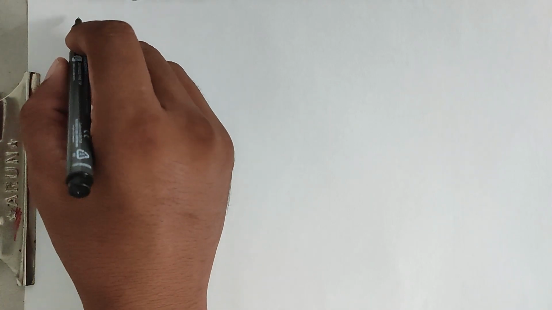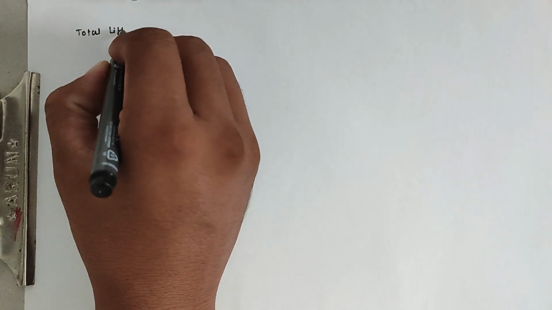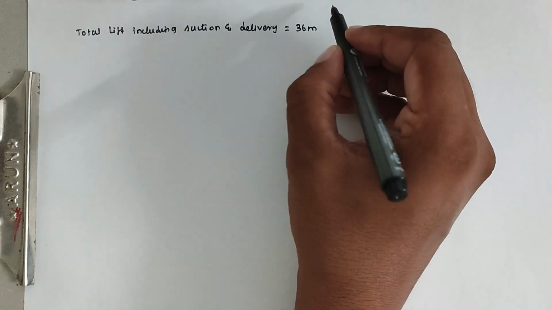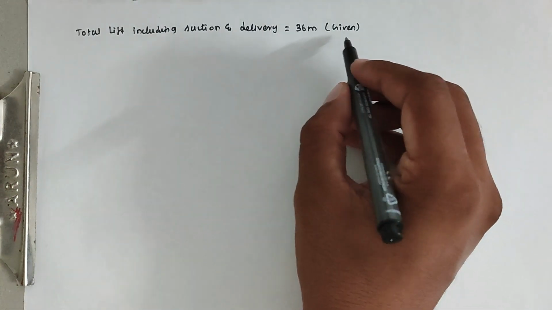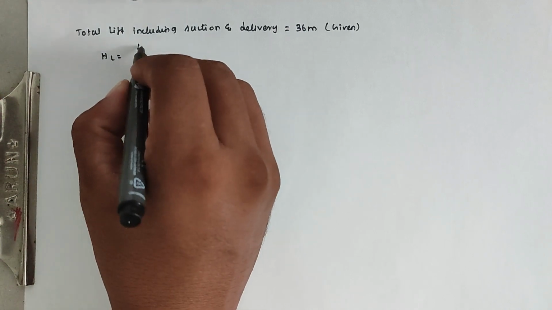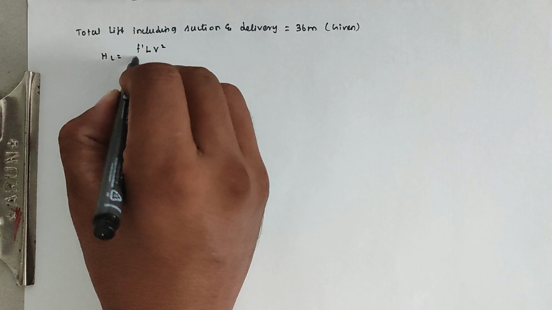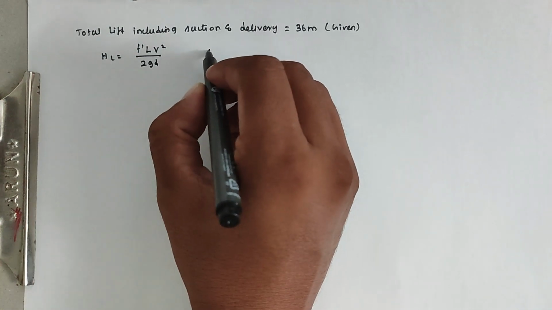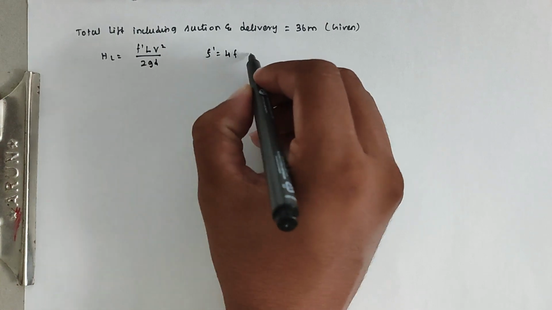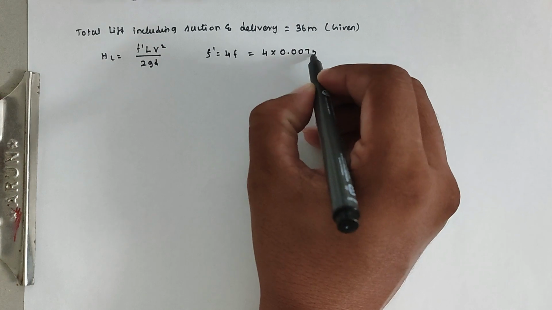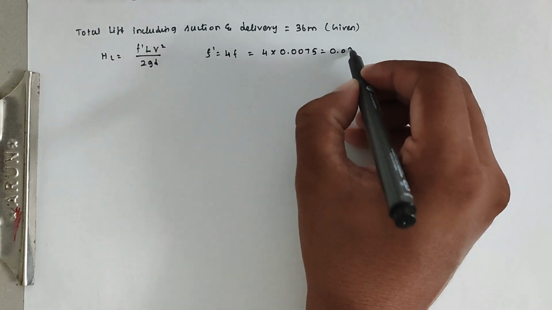The total lift including the suction and delivery is given. Now head loss HL equal to F dash L V square divided by 2gD. F dash equal to 4 into F, which is 4 into 0.0075, equal to 0.03.